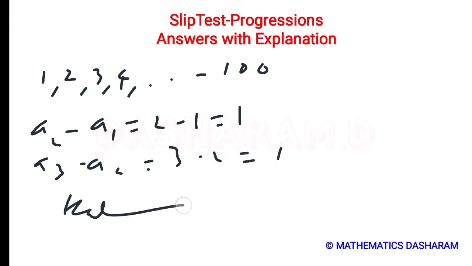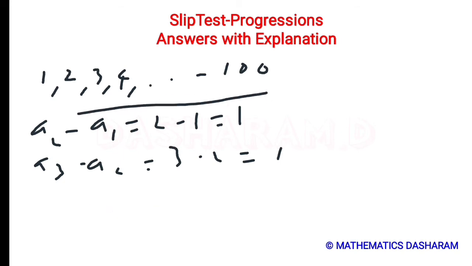So here 2 minus 1 is 1, A3 minus A2, 3 minus 2 is 1. So here differences are common, so the list of numbers is in AP. So here first term A is 1, and common difference 2 minus 1 is also 1.